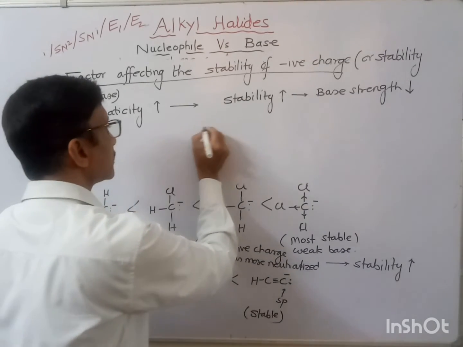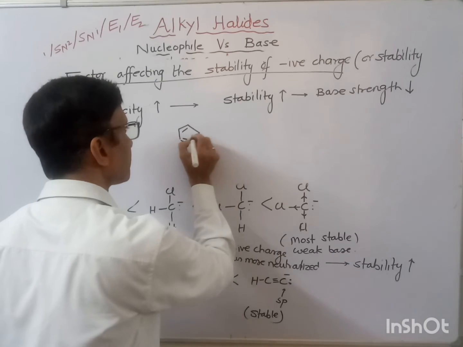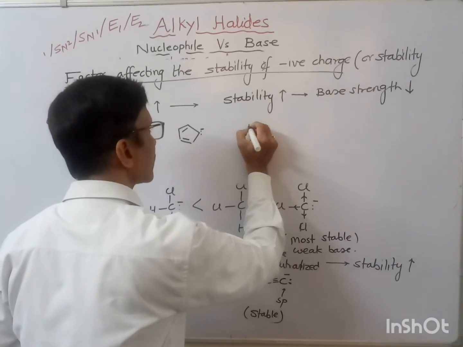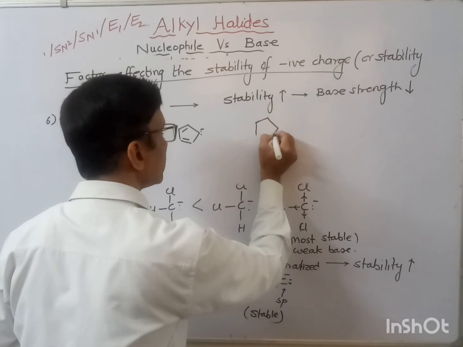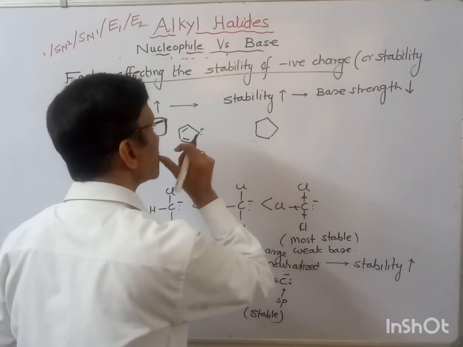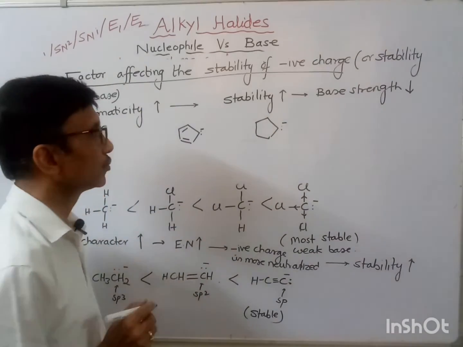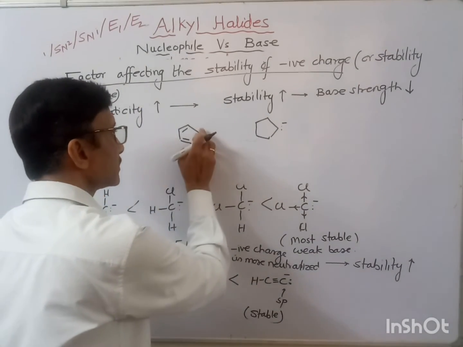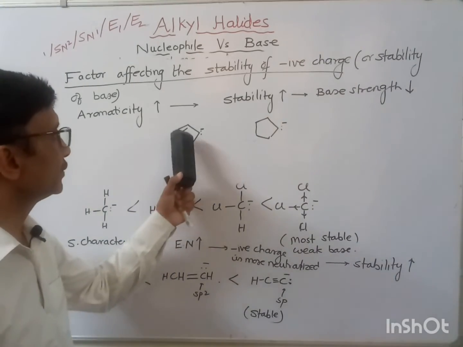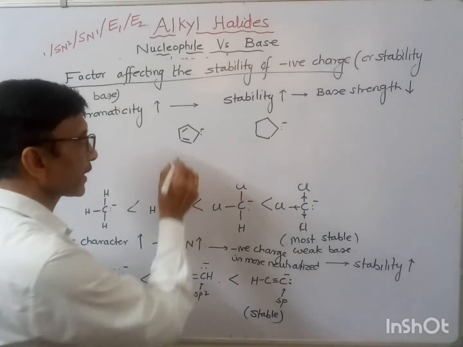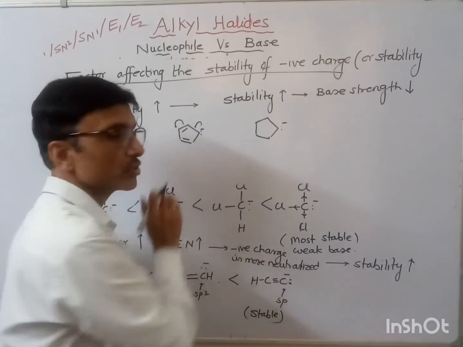So suppose I take an example: cyclopentadienyl cation and cyclopentadienyl anion. So out of these two, no doubt here this negative charge is in conjugation or delocalized with these pi electrons, pi bonds, and that's why this is more stable.